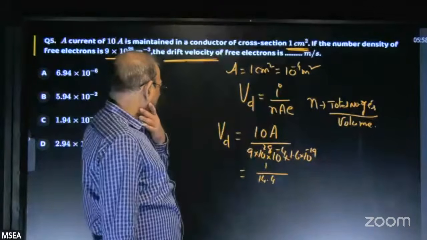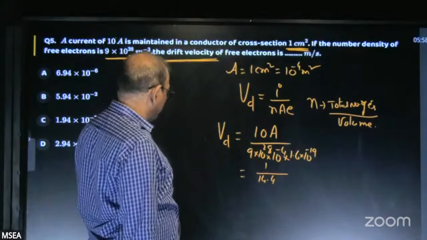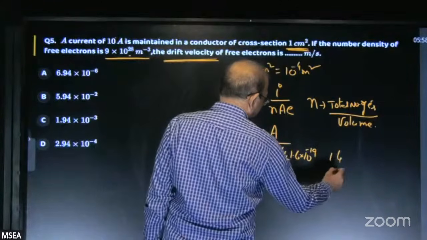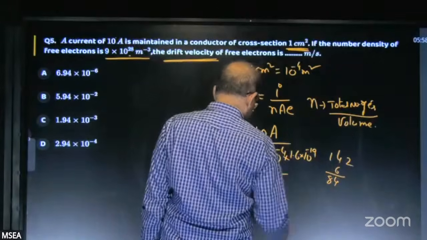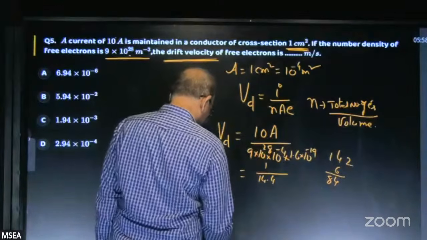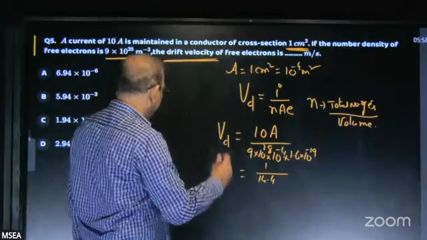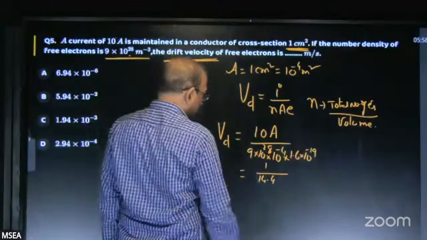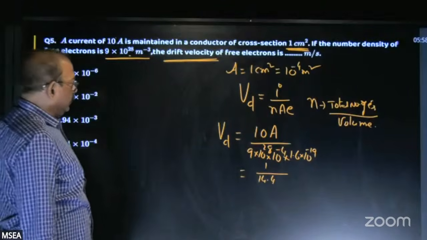All other 10 powers, separate them. Answer should start with 6, because 10 by 14.4 is nearly coming to 0.7. So the answer must start with 6, it should be more than 6. First option, I think, if you simplify this. Apply elimination methods to save time.